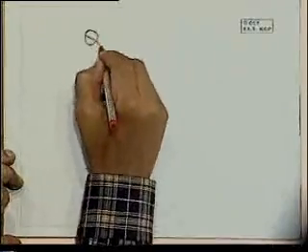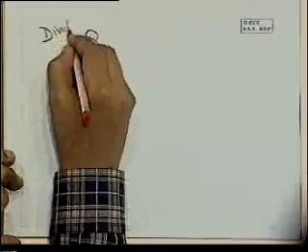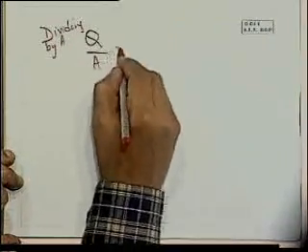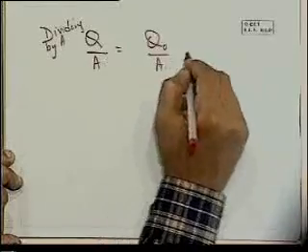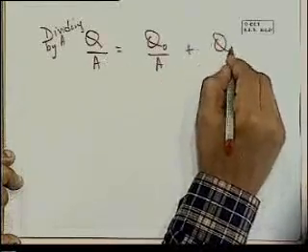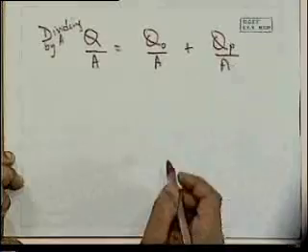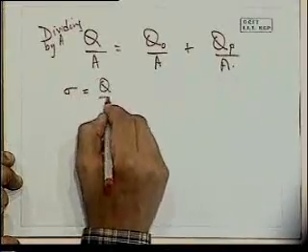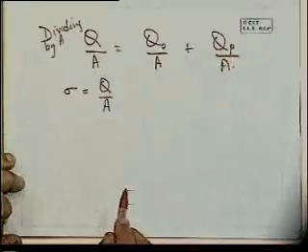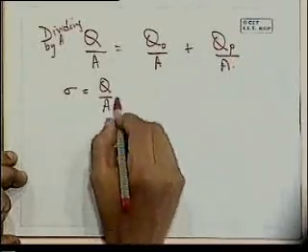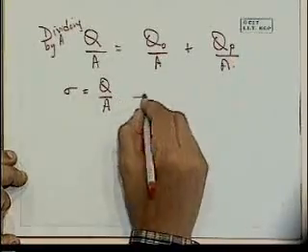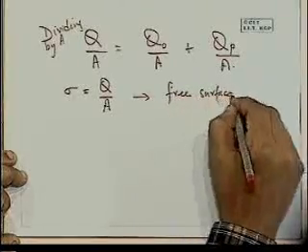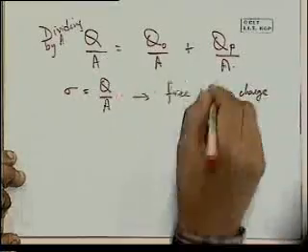Now I divide throughout by A, the area. Q by A is equal to Q naught by A plus QP by A. And we've got sigma is Q by A, similarly as sigma naught was Q naught by A and so on. And sigma is the free surface charge density after the dielectric is inserted.